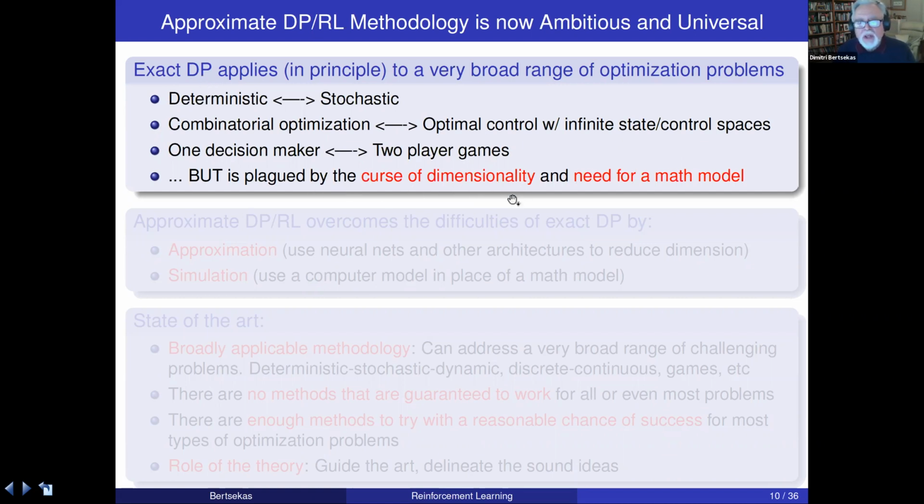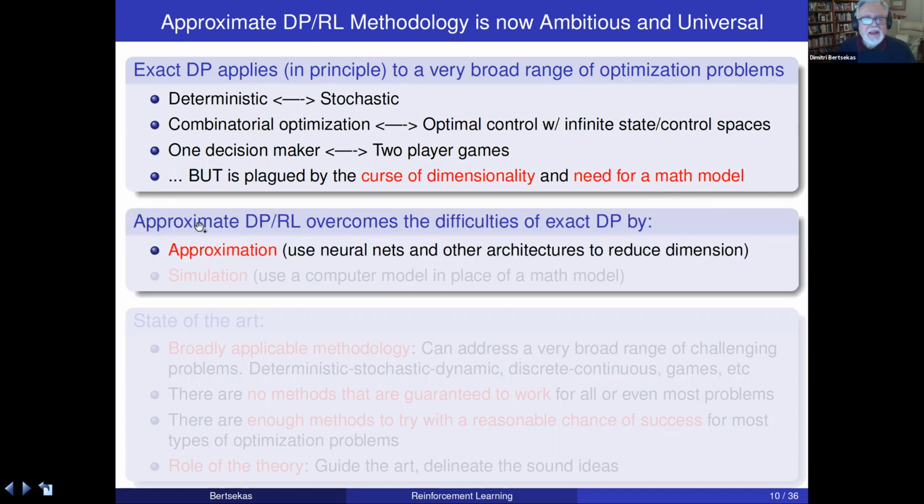There's a second curse, however. In its exact form, and its original version, dynamic programming required a mathematical model. Equations, closed form expressions for cost functions, and so on. Probabilistic description of various uncertain quantities. And all of this was very difficult to develop.